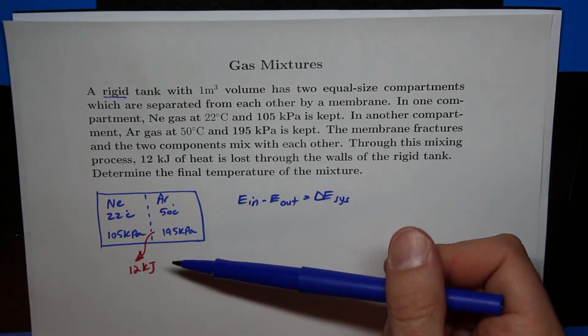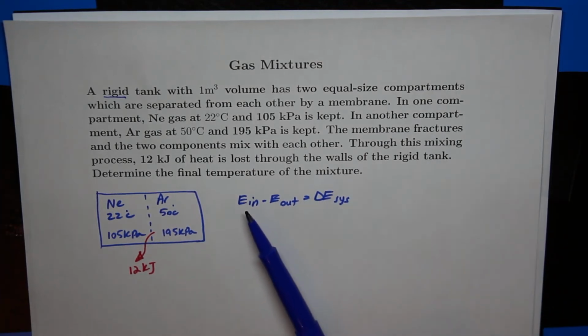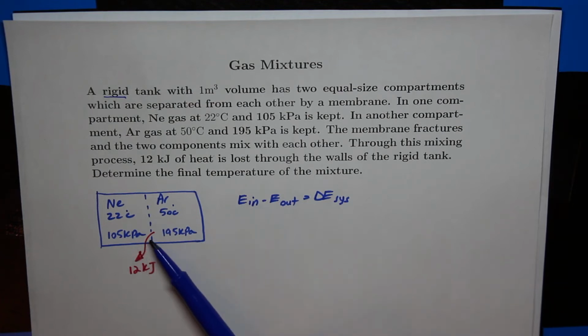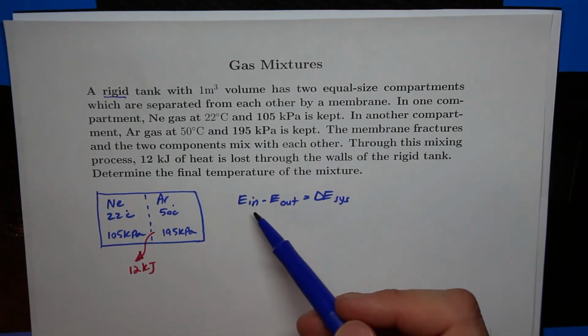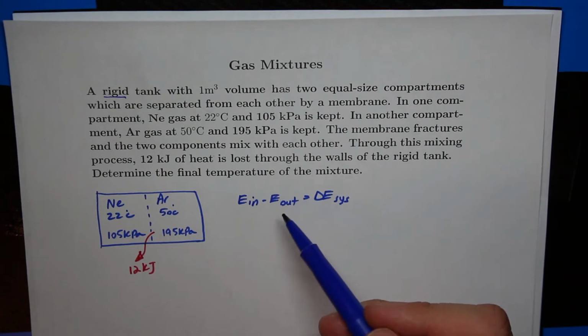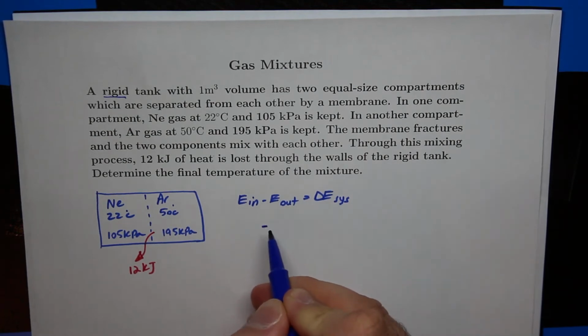Now, in this system, there is no energy going into the system. In fact, there is an energy leaving the system during the process, okay? And that process, by the way, starts after the membrane ruptures. So there is energy going out, and that energy is in terms of heat.